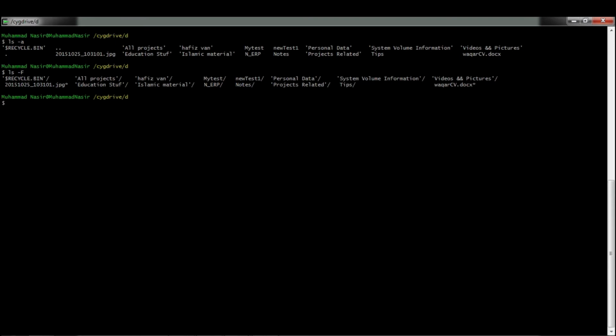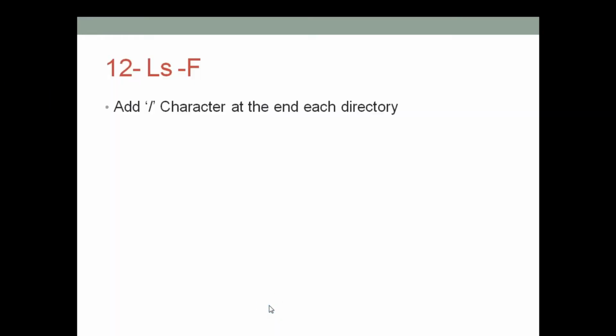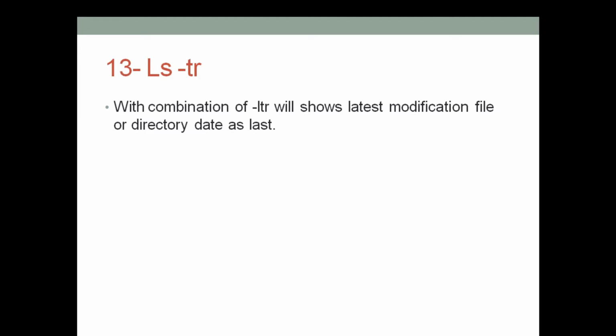Okay, now I move to the next ls command, and the command is ls -tr. In the previous slide we discussed the ls -t command, which shows the latest modified file first, and then the second latest modified file second.